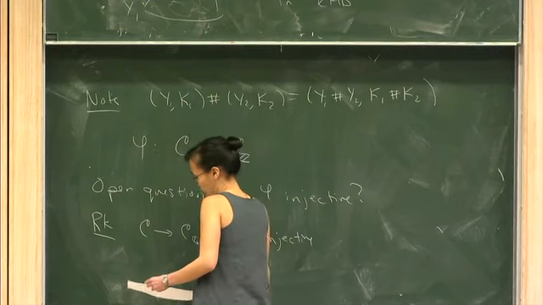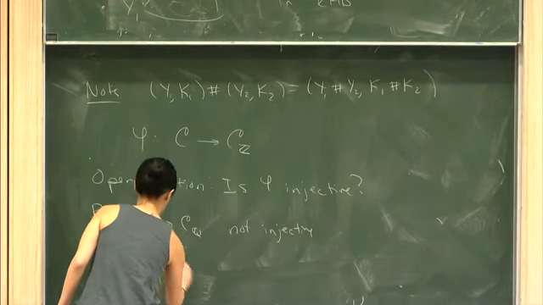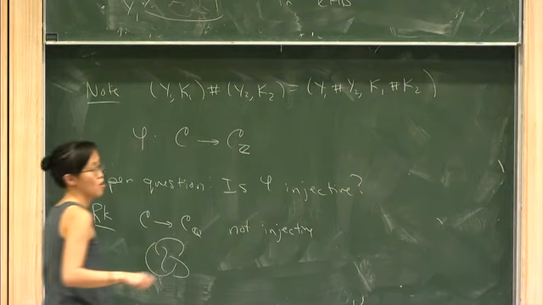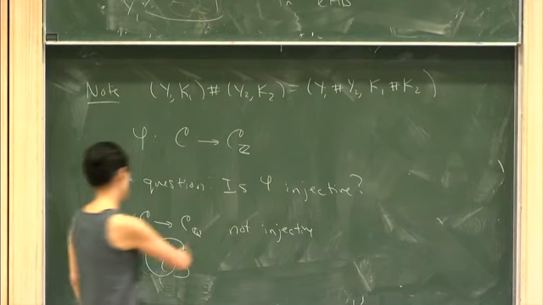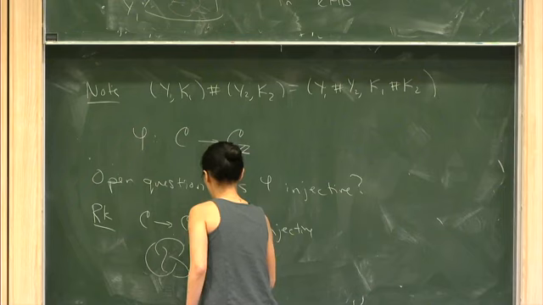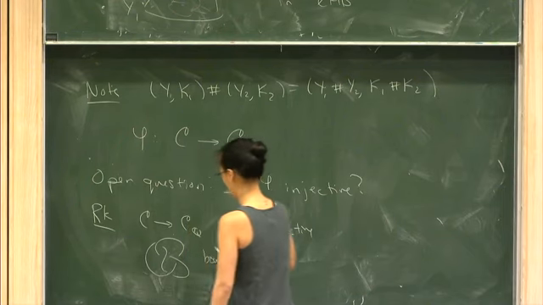For example, the figure 8 knot is not slice in the ordinary concordance group, but it bounds a disk in a rational homology ball.